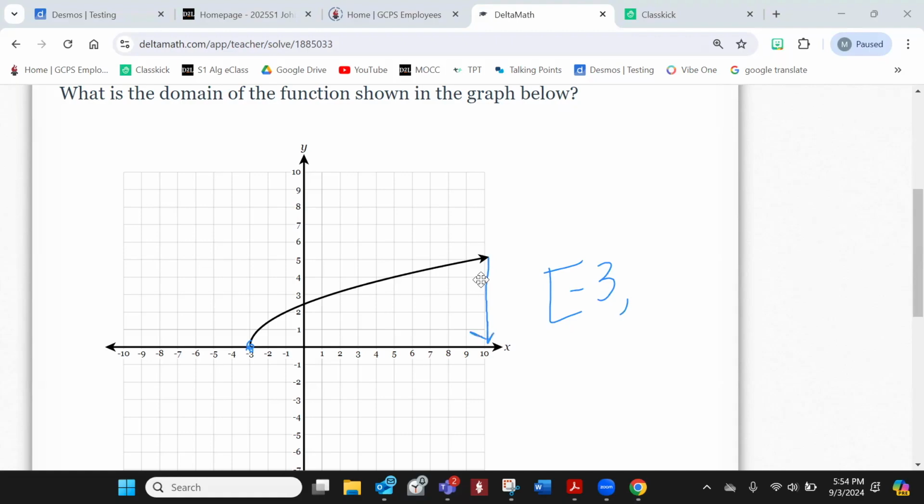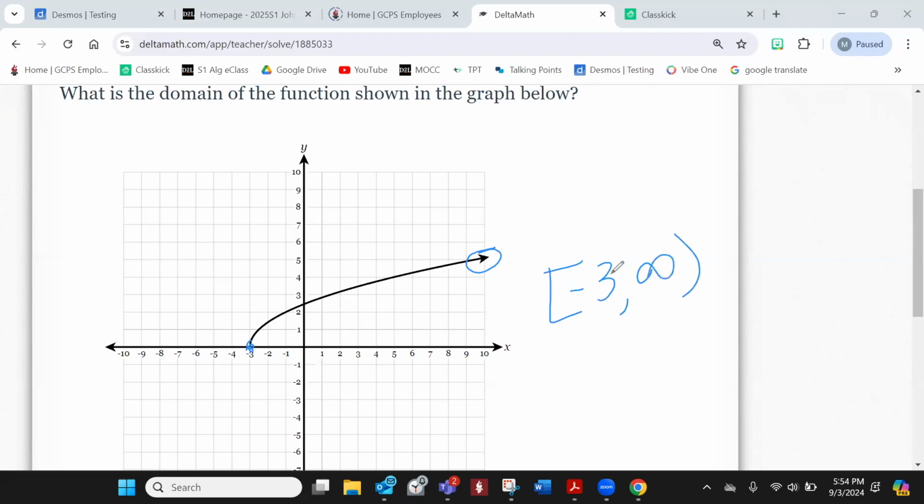Even though it looks like it ends at 10, that's wrong because it doesn't end, because this arrow says it keeps going to the right. So it basically starts at -3 and it doesn't end. So we're going to put from -3 to the right, which is infinity.